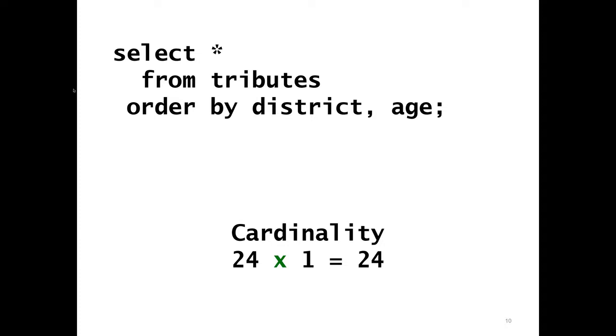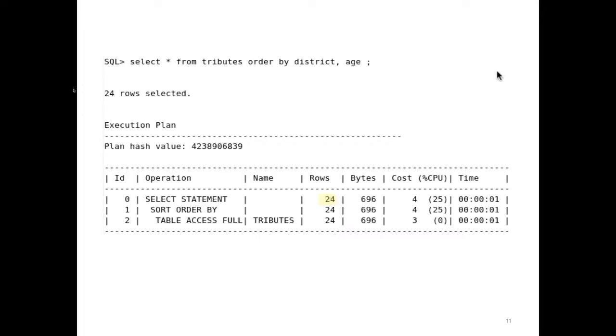How many rows should this query return? 24. And we see if we actually execute the query, it did return 24 rows, and the estimate, highlighted there in the light yellow on the top line of the plan, also was 24. Now, for purposes of our discussion, I'm not really too concerned about the operation that was chosen.